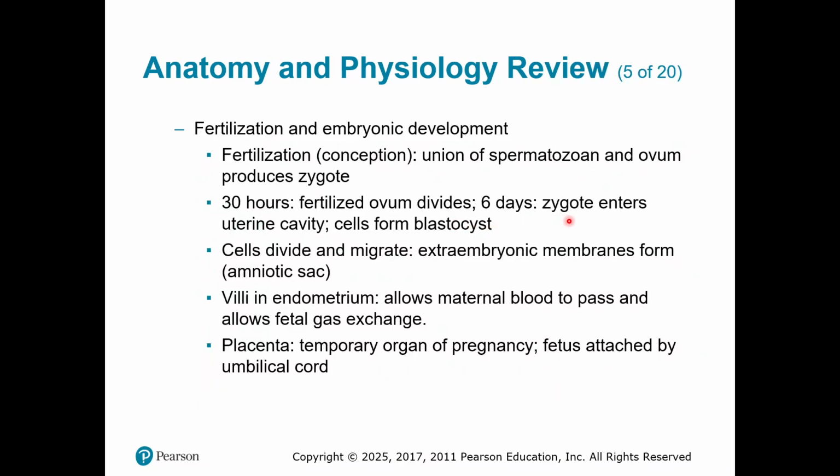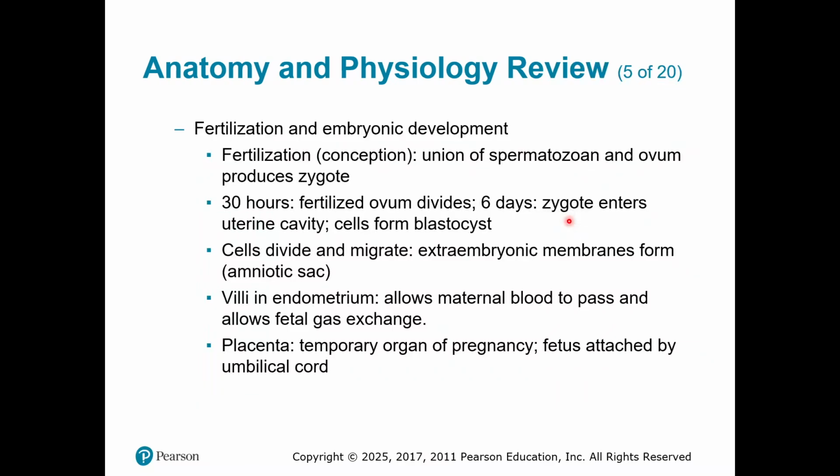At 6 days, the zygote enters the uterine cavity, and the cells begin to form a blastocyst. The cells divide and they migrate. Extraembryonic membranes form the amniotic sac. And the villi in the endometrium allow maternal blood to pass and allow fetal gas exchange.